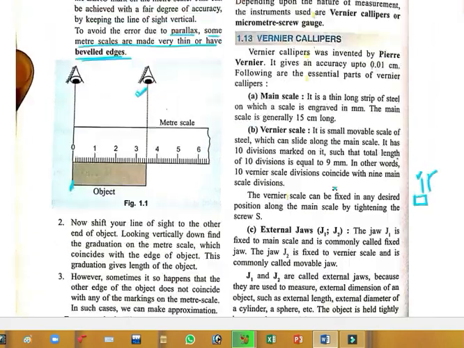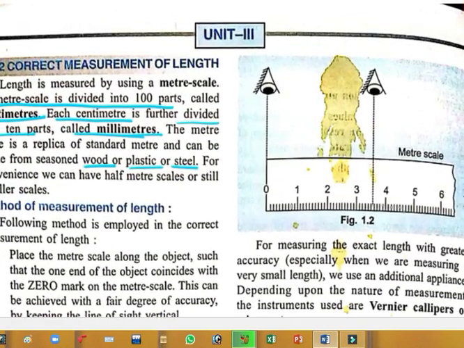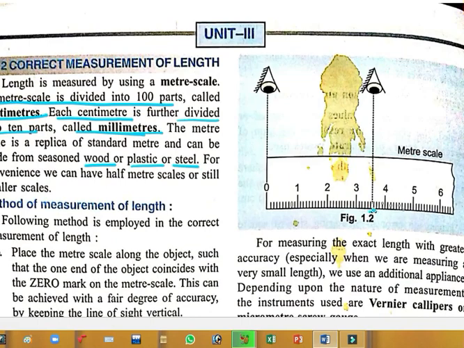For example, in figure 1.2, this figure, you can zoom in. If I zoom in, you can see clearly that the line of sight is in the middle.